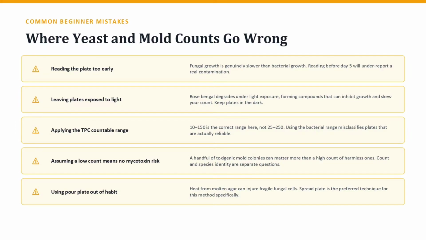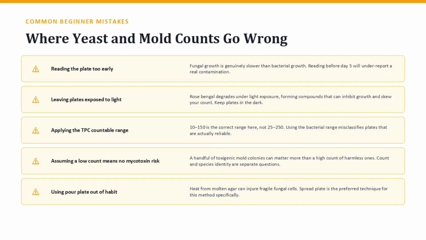Rose Bengal degrades under light exposure, forming compounds that can actually inhibit growth and skew your count. Keep these plates in the dark. The third mistake is applying the TPC countable range out of habit. 10 to 150 is the correct range here, not 25 to 250. Using the bacterial range will misclassify plates that are actually perfectly reliable.